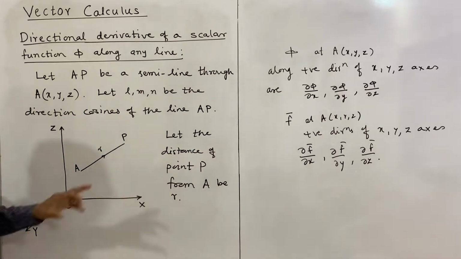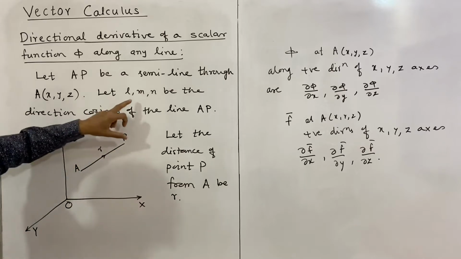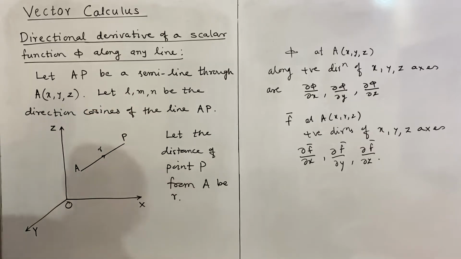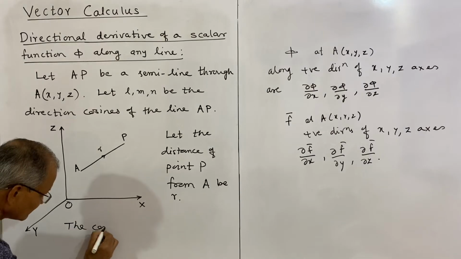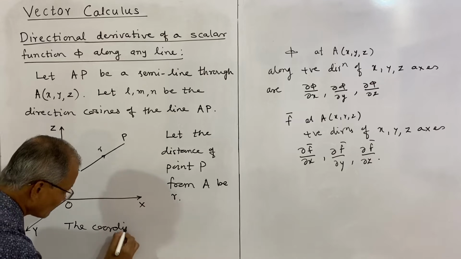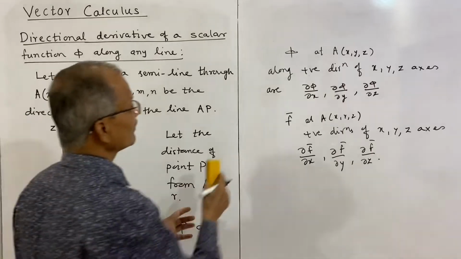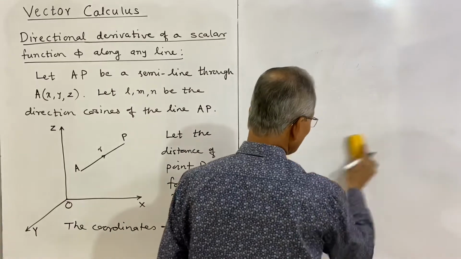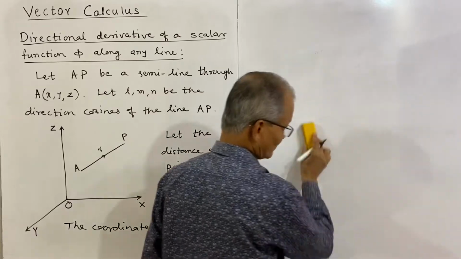If the distance AP is r, then we can write the coordinates of P in terms of r and the direction cosines l, m, n of the line, as we know from our earlier part of vector geometry.